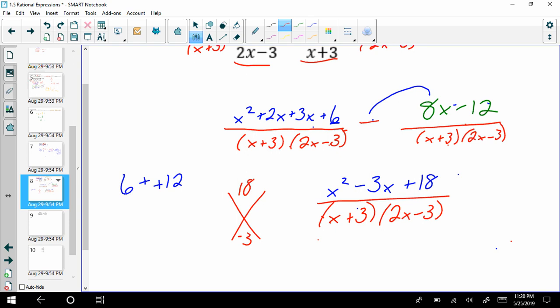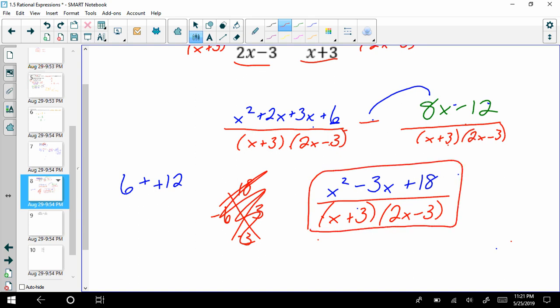So what would do that? So we might say, oh, a negative 6 and a 3. Well, yes, those would add to negative 3, but they don't multiply to a positive 18. It turns out the top doesn't factor, it's prime. So I would be okay if you left the answer like this. You would not have to multiply the denominator together.